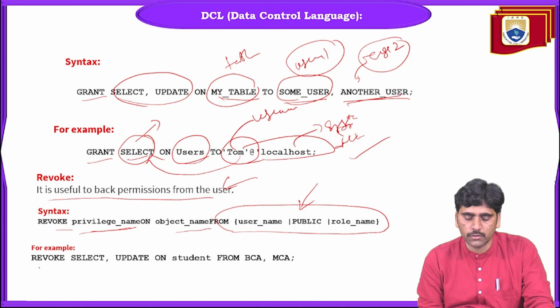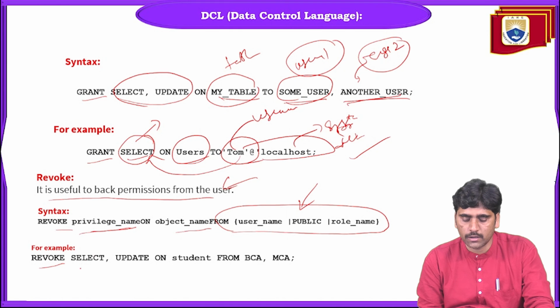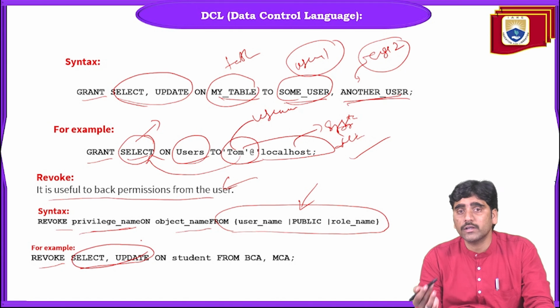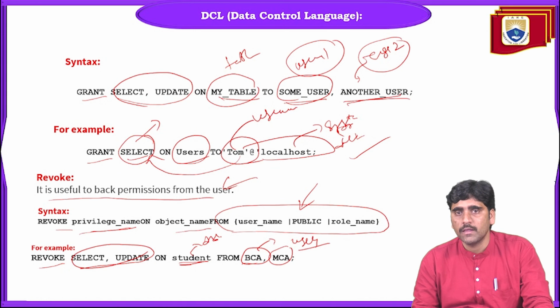So the example is: revoke. What am I revoking? I am revoking select and update permissions on student from BCA and MCA. These two are users, and student is the database name, containing BCA and MCA as users.